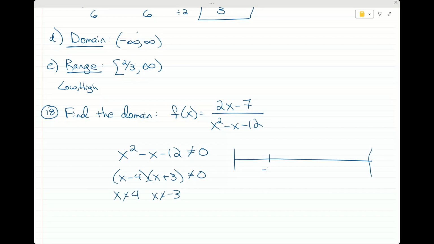So on a number line, we'll go to -3, and we'll use any number between -3 and 4, and then greater than 4. So the way that we write this in interval notation is we say from -infinity to -3, in union with -3 to 4, and then in union with from 4 to infinity.